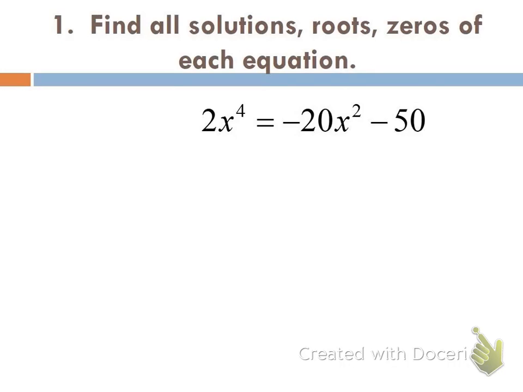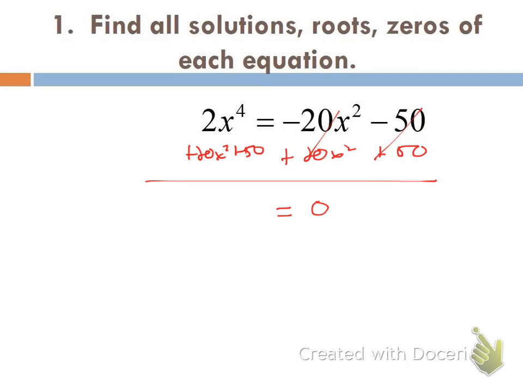So to do that, I'm going to go ahead and add the 20x squared and the 50 over to the other side, because this will be 0, this will be 0, and so I'll just get 0 on this side. And we get 2x to the fourth plus 20x squared plus 50.